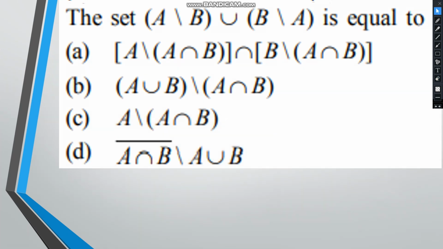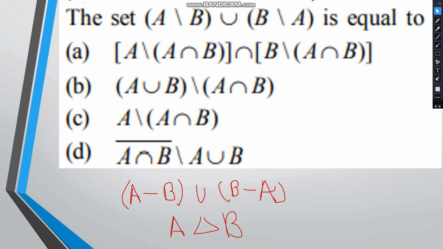Moving on to our next question. This is A minus B union B minus A. What is this? This is this, right? And this is also this. This is just a formula. You can prove it by Venn diagram as well, by drawing this Venn diagram and this Venn diagram.